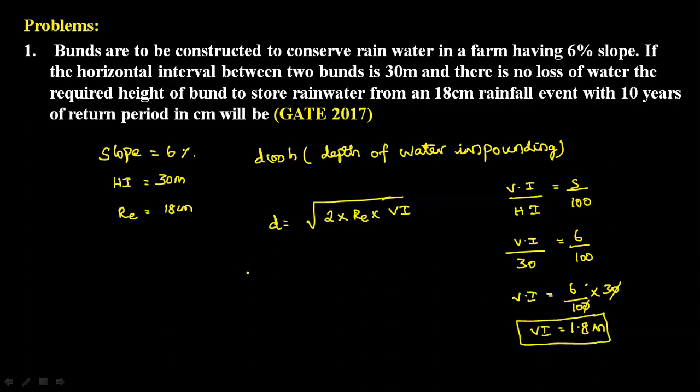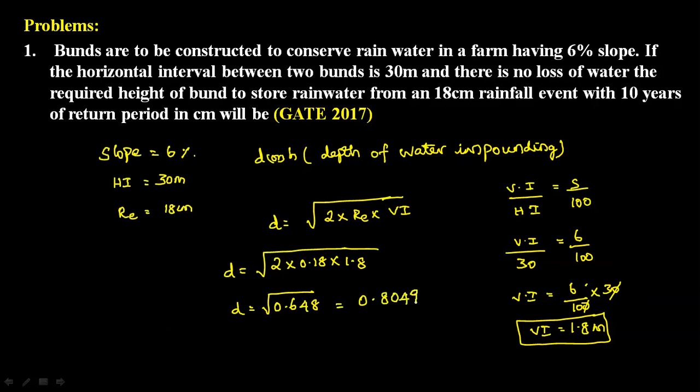Easily you can put this in the formula: depth of water impounding D is equal to root of 2 into rainfall excess, which they have given as 18 centimeter. You should write the 18 centimeter as meter so that we can get the answer consistently. So 0.18 into the vertical interval we found, 1.8 meter. When you calculate this, D is equal to root of 0.648, which is 0.8049 meter.